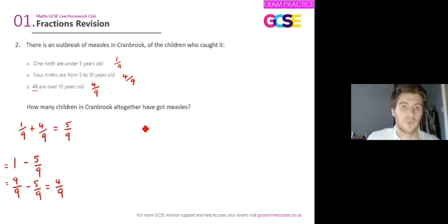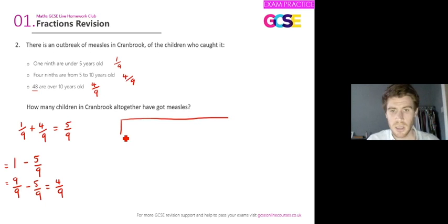4/9. And as I showed you earlier in the skills check, we can use a bar model in order to answer this question. We would split this bar up into 9 equal parts: 1, 2, 3, 4, 5, 6, 7, 8, and 9.